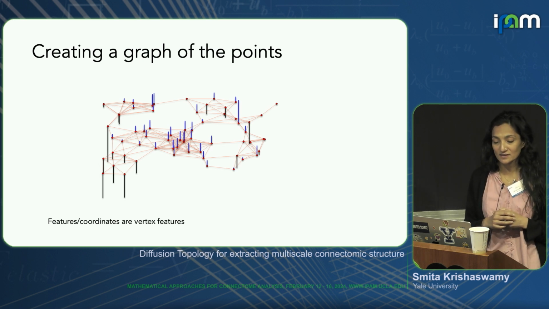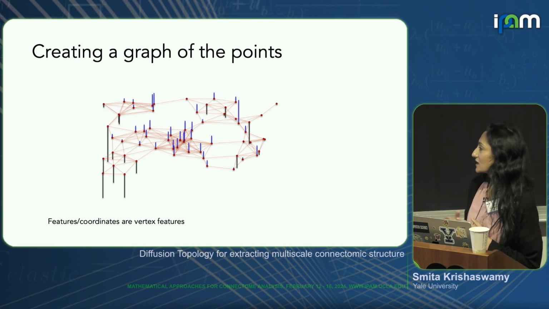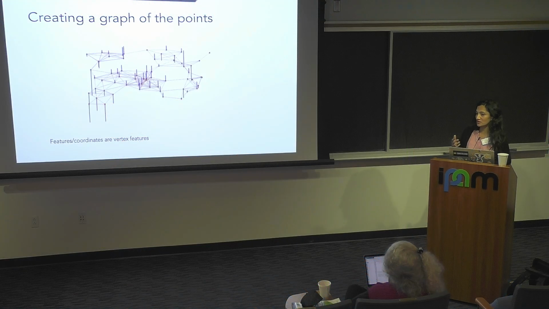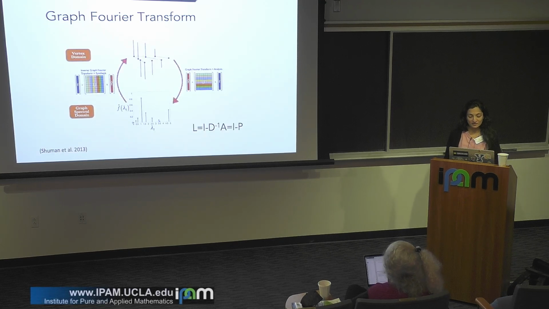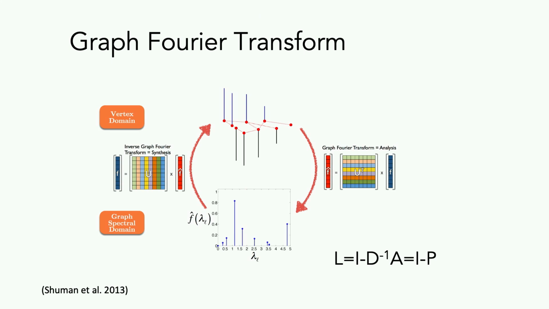If you want to think about this stuff spectrally, which is sometimes important, you can think of this graph of points and the original features or whatever coordinate features you have as being features on this graph. And what you're actually doing implicitly when you apply the diffusion operator is something like a graph Fourier transform, which is looking at the eigenvectors of the graph Laplacian, which normalized in a certain way is the same eigenvectors as the diffusion operator.